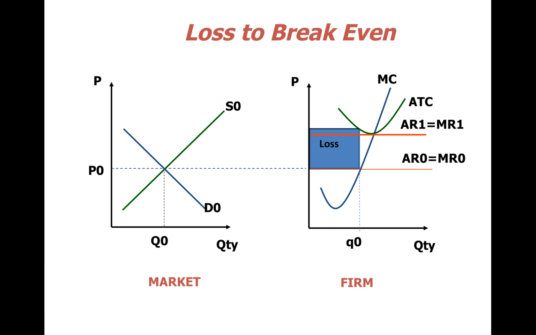We know that in the long run, each firm will break even, so we draw the new AR line which meets ATC at its minimum point. So in the long run, the price level will increase, and we project this new equilibrium price level to the market diagram.